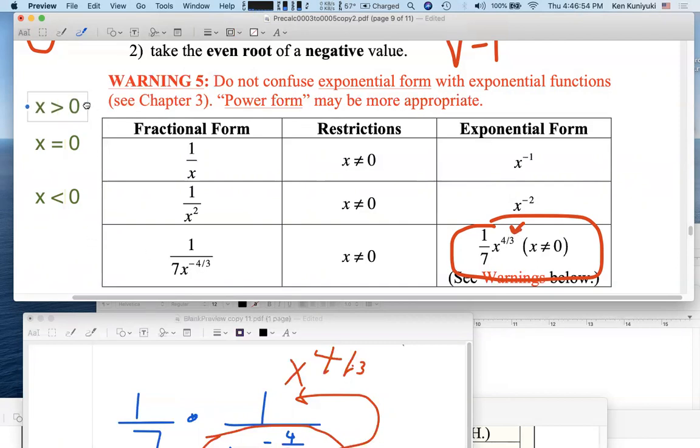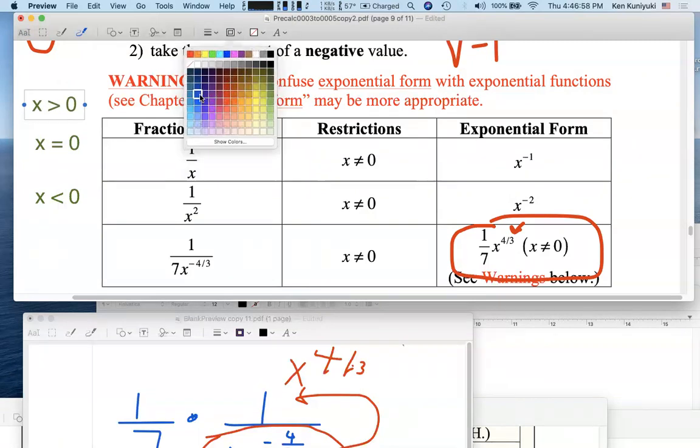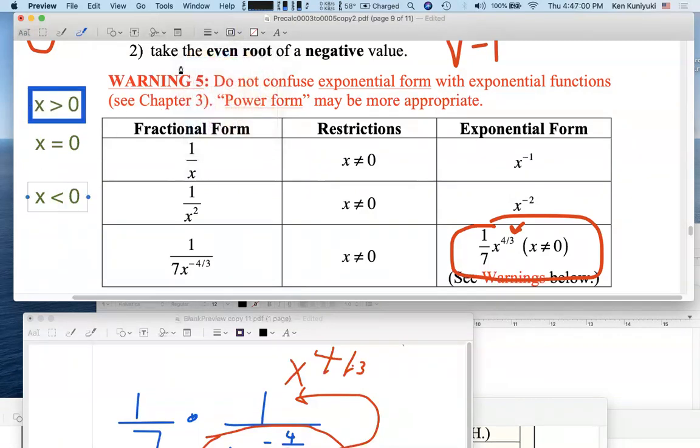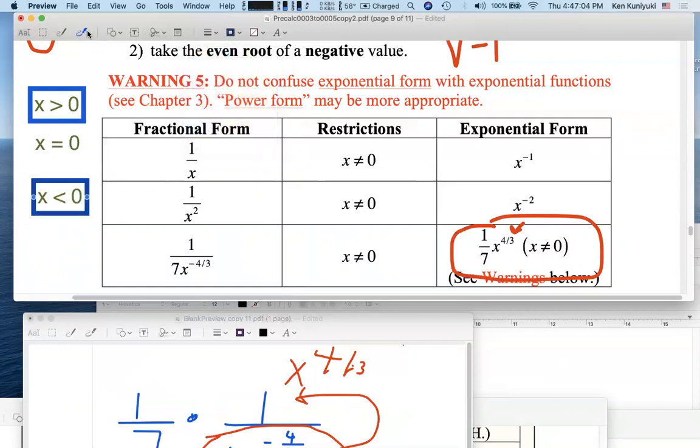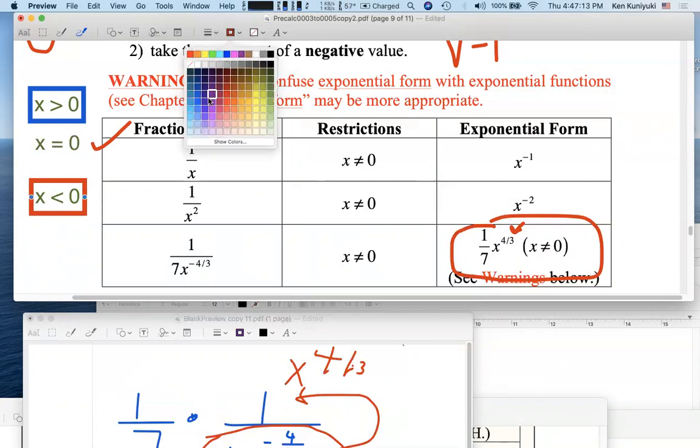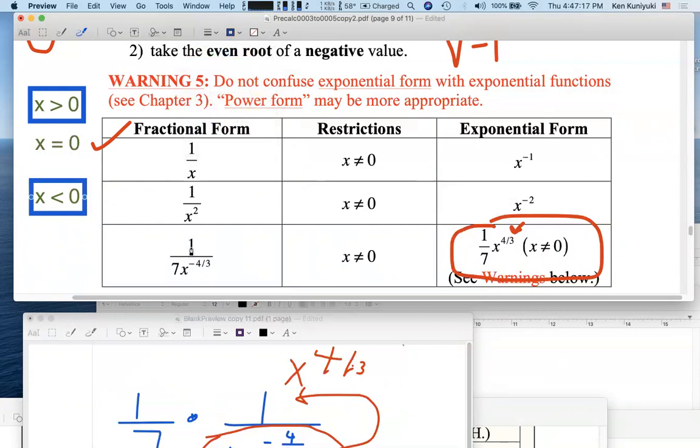So positive values of x are okay. Negative values of x are okay. However, 0, that's not good. So positive, negative values of x are okay, but x equals 0, that's no good. That's the only restriction on the reals.